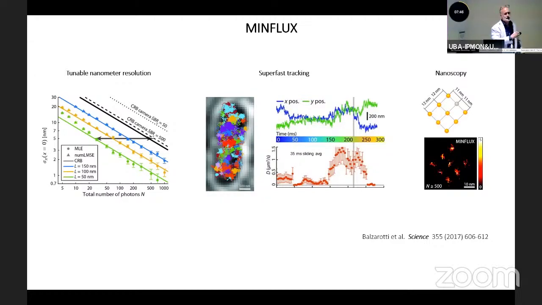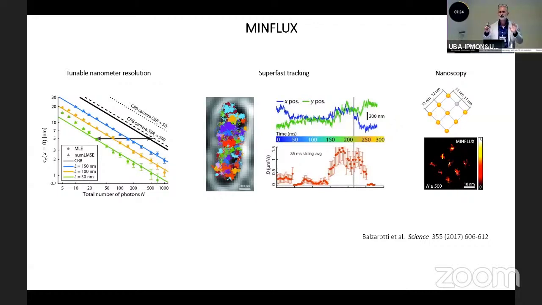And for tracking, it's also beneficial because since you need very few photons to localize a molecule, you can track fast. In this case, we decided to be happy with 50 nanometers precision, a moderate precision. But to achieve 50 nanometer precision, we only needed 9 photons.